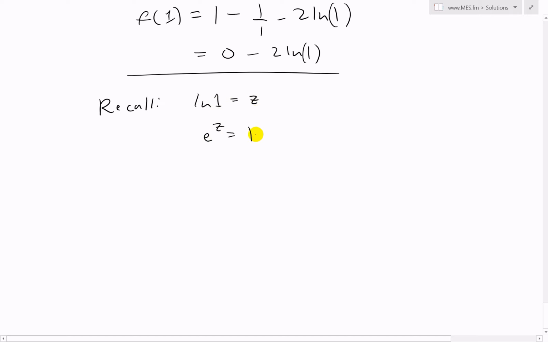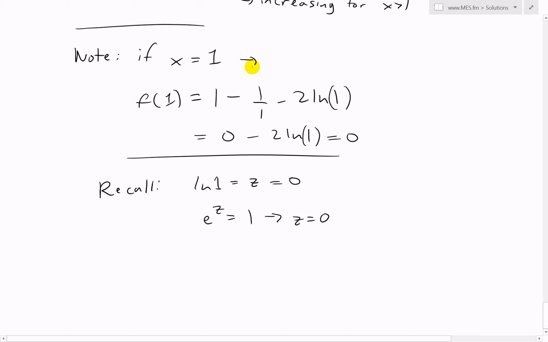The only way this is true is if z equals 0. So we have e to the 0 equals 1, so ln 1 equals 0. So 0 minus 2 ln 1 is just 0 minus 0, which equals 0. So if x equals 1, f of 1 is equal to 0.